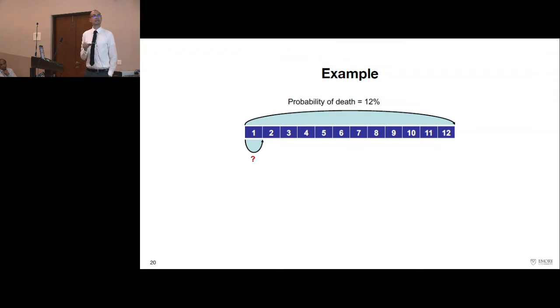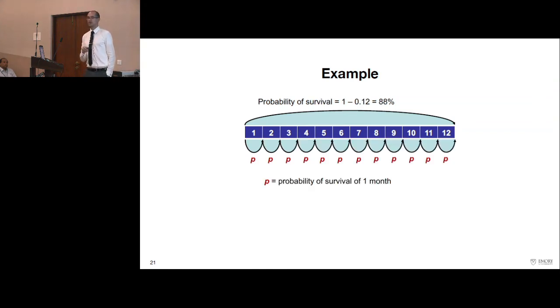It means that the person can die in January, February, March, and so on. In any of these months, they can potentially die. And finding all the probabilities of, let's say, if someone died in June, you would have to find the probability of surviving up to the end of May and then dying in June. That's complicated. So it's much easier if you flip it.